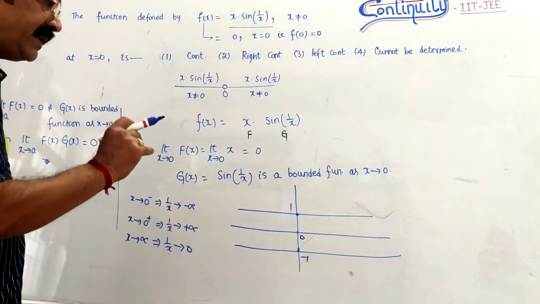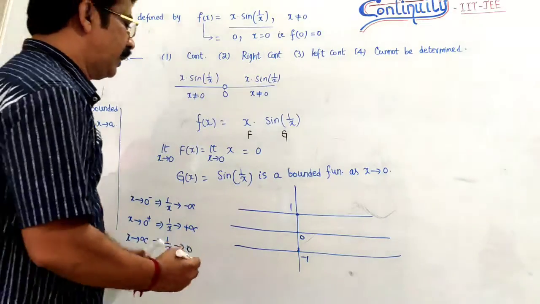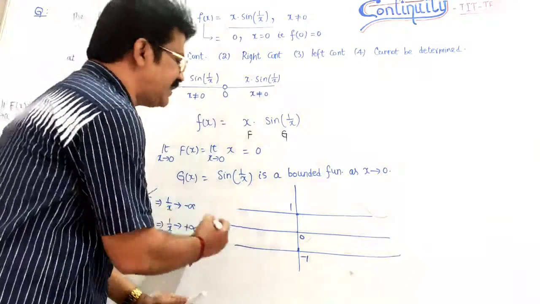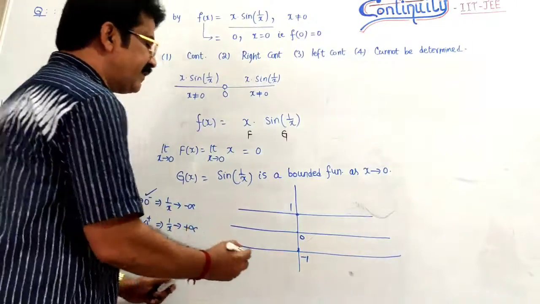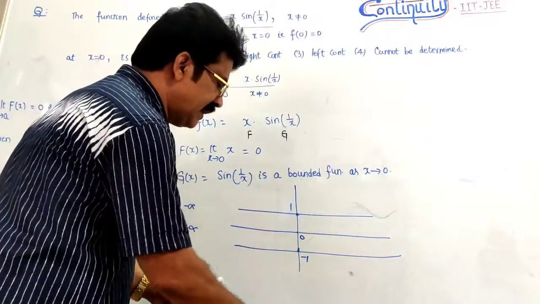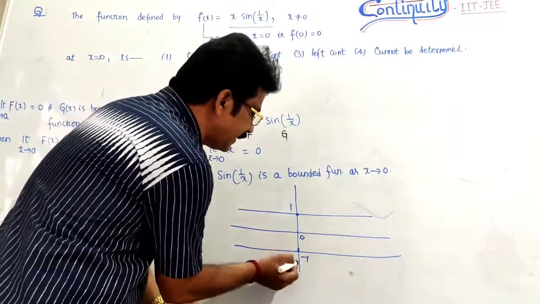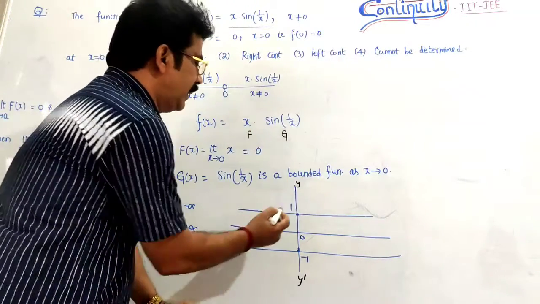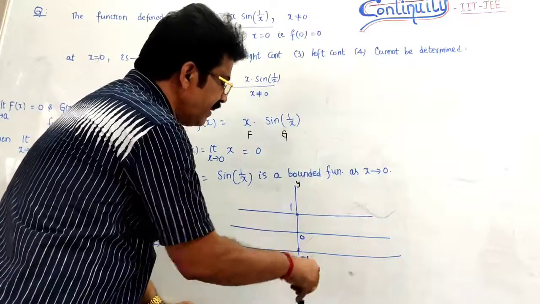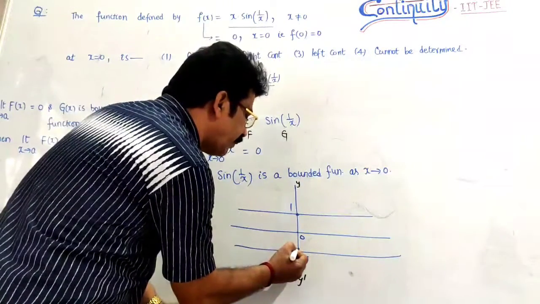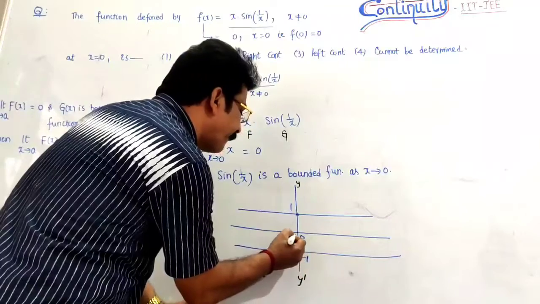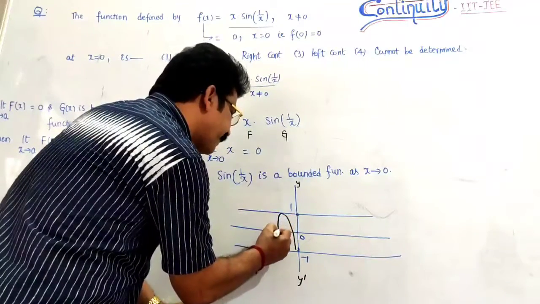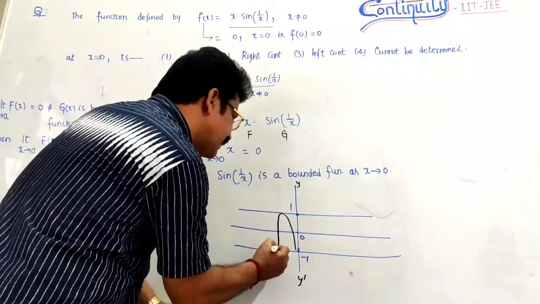These are the three basic points. So first, 0 minus means the left hand side, minus infinity, and the graph will be like that. This is towards y dash, this is towards y. Positive means plus infinity, minus infinity. So the graph will be like that, with maximum 1 and minimum minus 1.